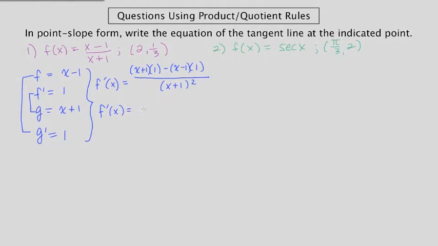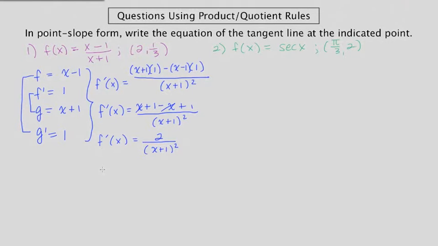Cleaning this up, we end up getting on the numerator x plus 1 minus x plus 1, all over x plus 1 squared. The x and the negative x cancel out, so we're left with 2 over x plus 1 squared.